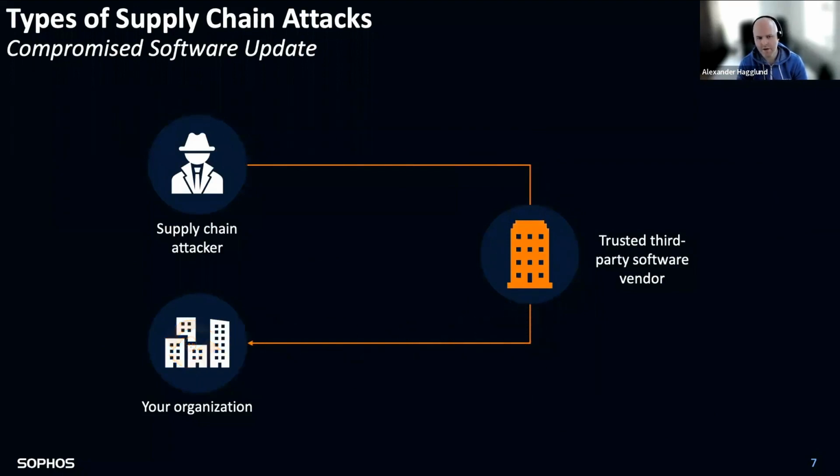Yeah, so we talked a bit about the different kinds of supply chain attacks, and the one that we'll be covering right now is the compromised software update. So basically, when an attacker takes advantage of the update sequence and the update routines of the third-party software vendor. We've seen a number of these instances in the past, SolarWinds being one of the most notorious ones, but there have been a number of others over the years which haven't been given as much spotlight.